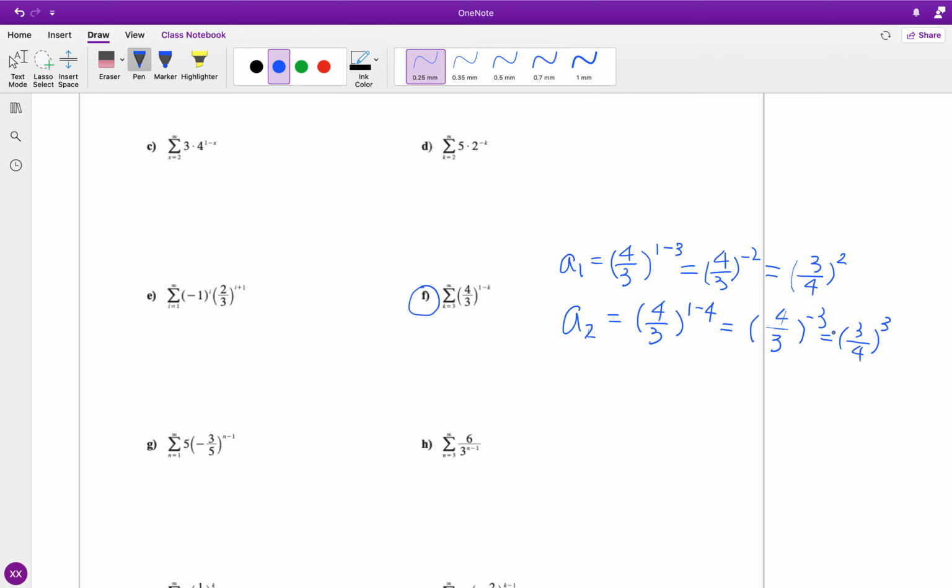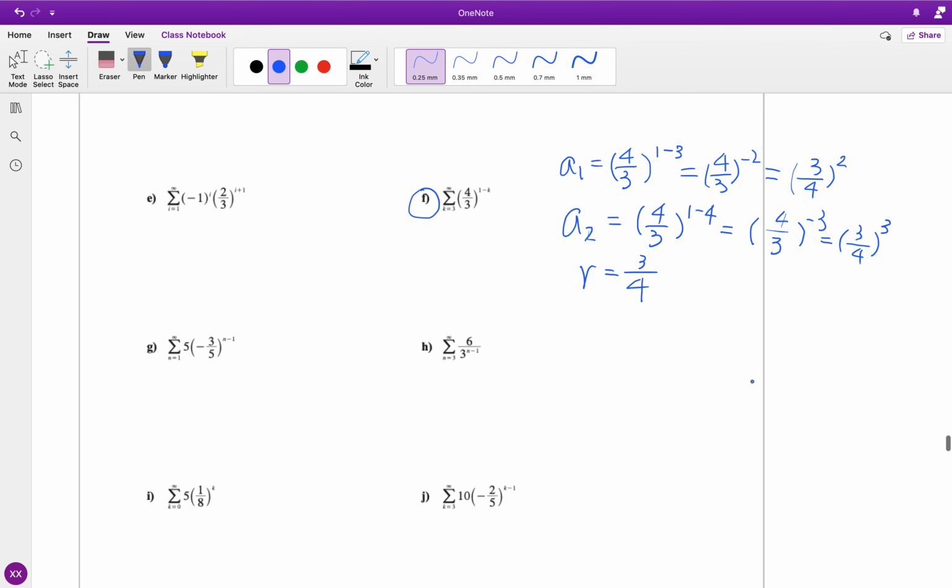Now divide a2 over a1, then you get the ratio 3 over 4. So in this case, to infinity, my a1 is 3 over 4. Sometimes I don't like to write this sigma notation.